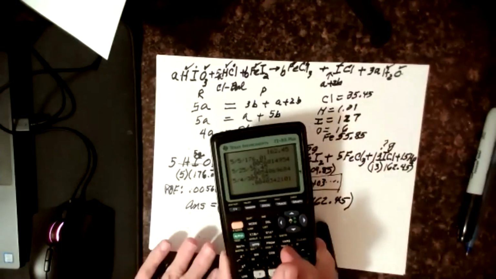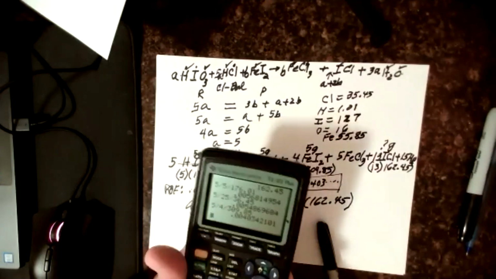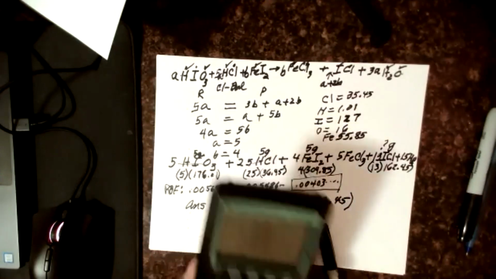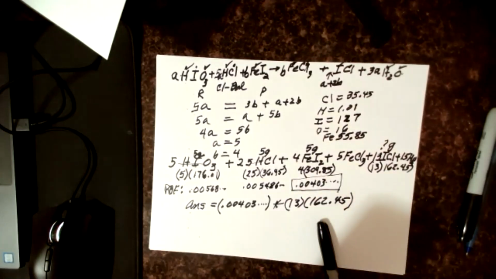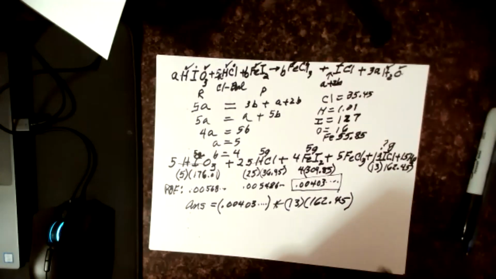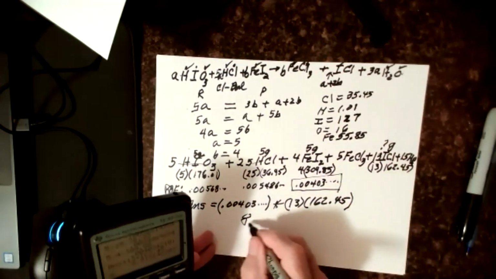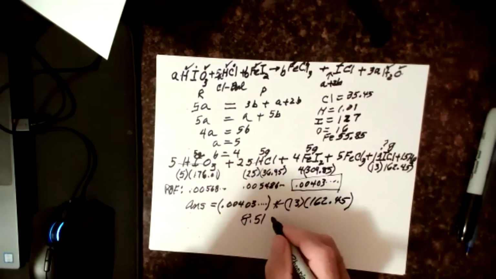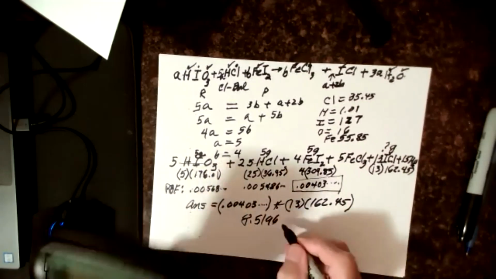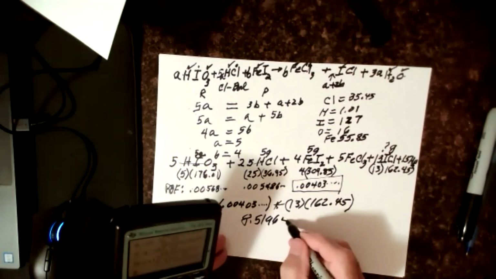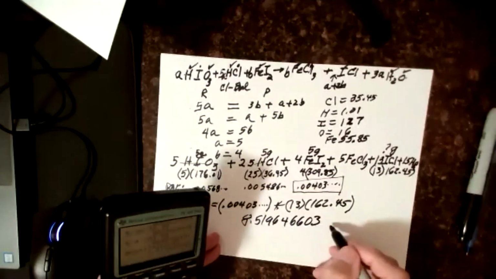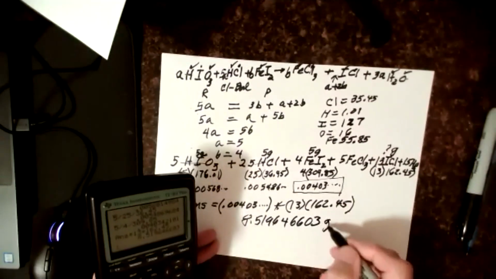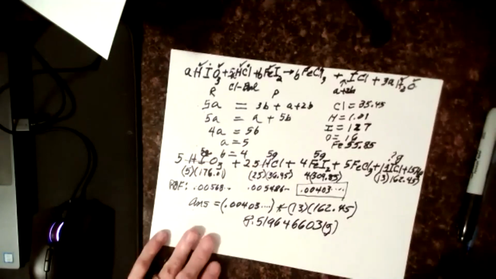So the easy thing now is to multiply it by 13 and multiply it by 162.45. And I'm going to get 8.5196466603. That's what I got off my calculator screen.